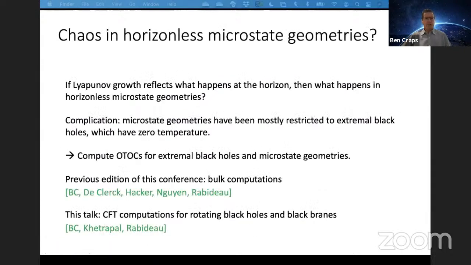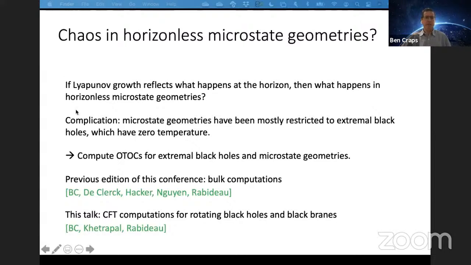All right, so the question that motivated this work was the following. If it's true that the Lyapunov growth is really determined by the surface gravity at the horizon, so reflects what the black hole geometry looks like at the horizon, you might ask, well, what happens if we replace the black hole by a microstate geometry, which is horizonless.